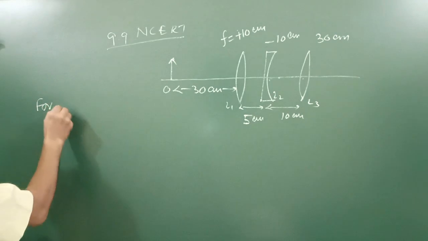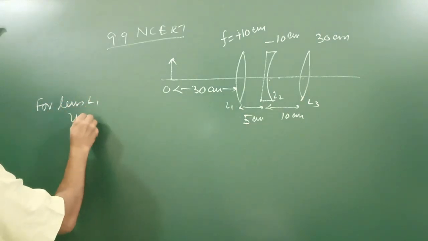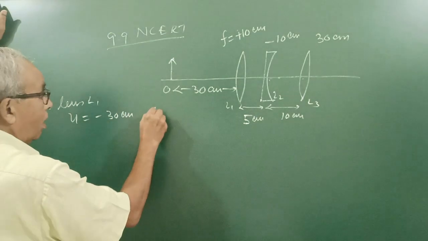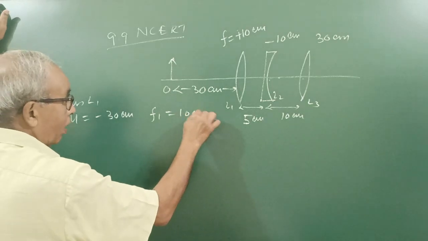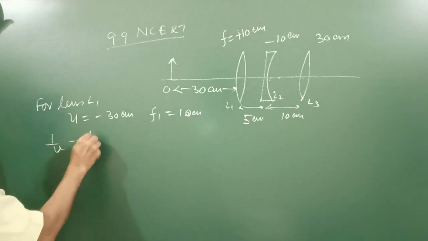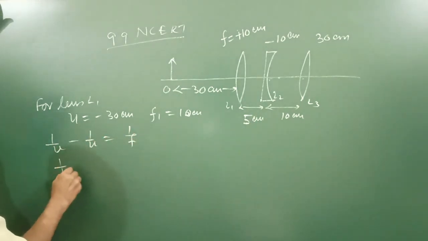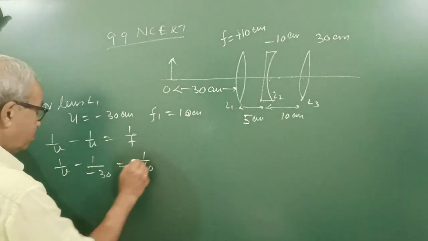For lens L1, u equal to minus 30 centimeter, f is equal to plus 10 centimeter. So find v. 1 upon v minus 1 upon u equal to 1 upon f. 1 upon v minus 1 upon minus 30 equals 1 by 10.